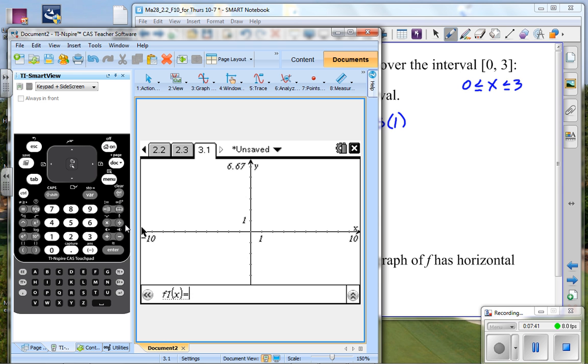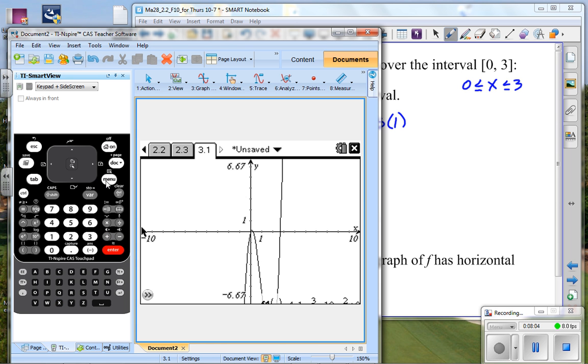Okay, so we're going to insert here the function 0.1x cubed minus 12x squared plus 2.5x.